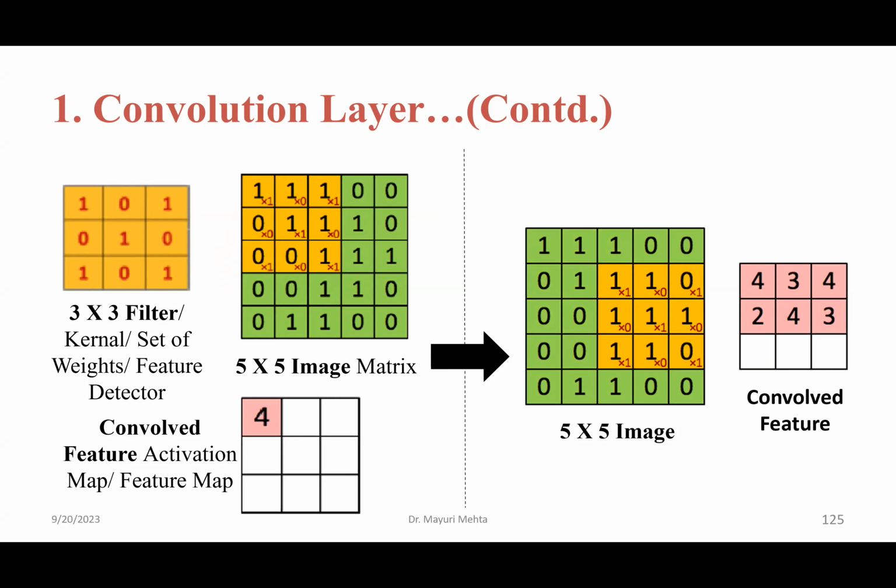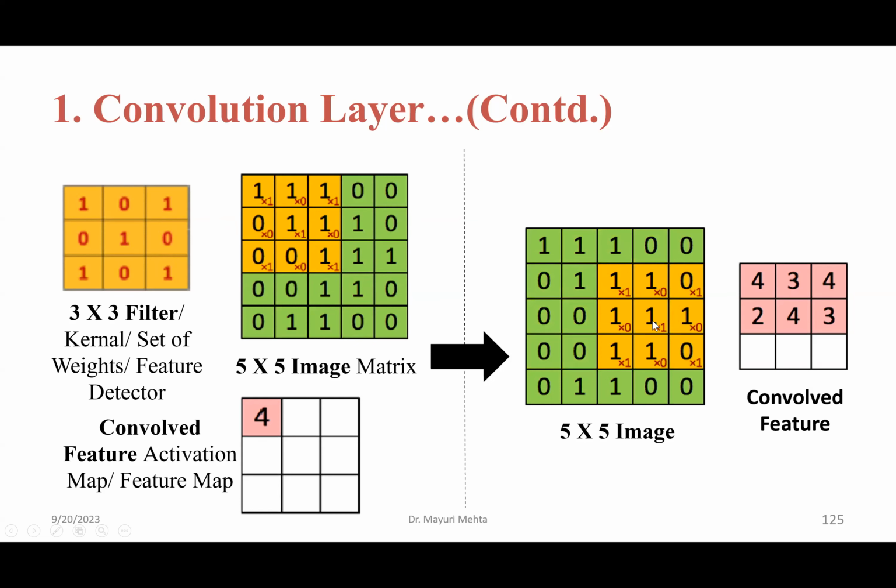Now, how is this image processed? The kernel is 3 cross 3, and the kernel shifts 9 times over this image. Why 9 times? Because it processes the image like this. Now see the right side figure. It starts with the first block, then the next 3 columns, then the next 3 columns.